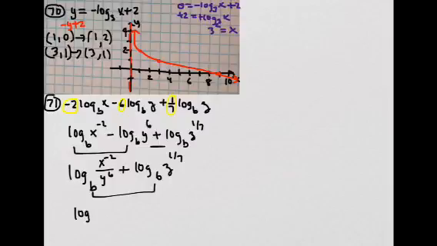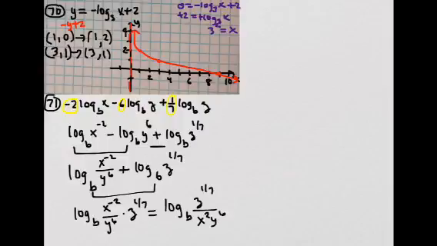So log base b of x to the negative 2 over y to the 6th times z to the 1/7. Now x to the negative 2 I'm going to bring down because the exponents should be positive for it to be simplified. So this becomes log base b of z to the 1/7 over x squared y to the 6th. And that would be the answer.